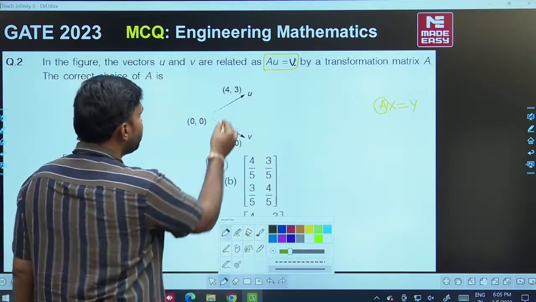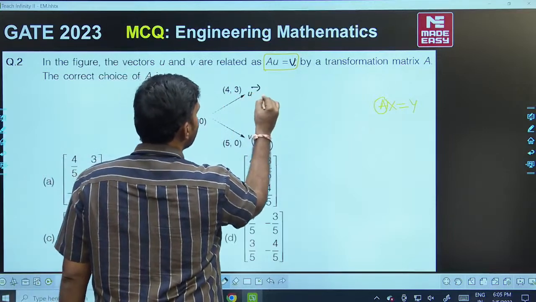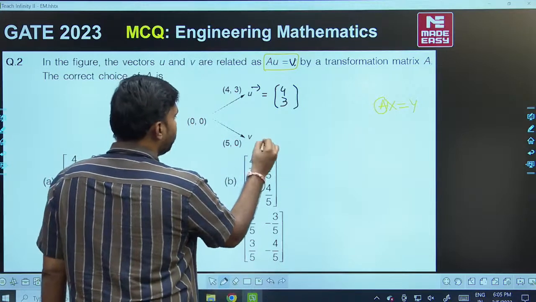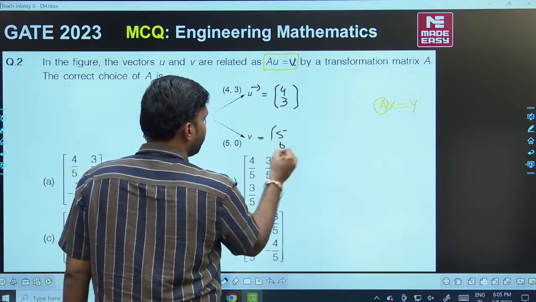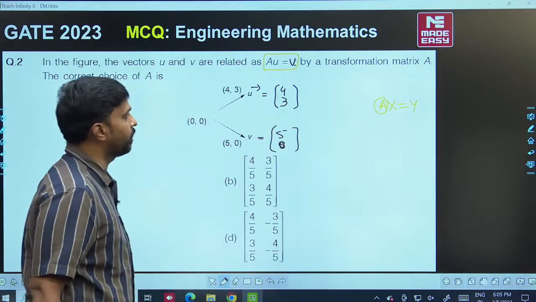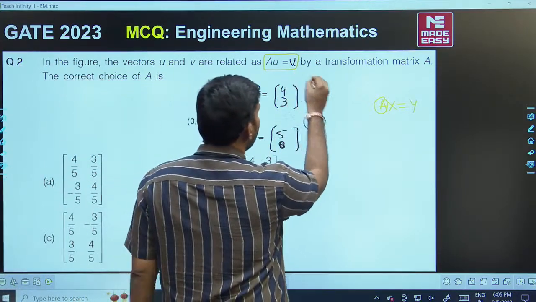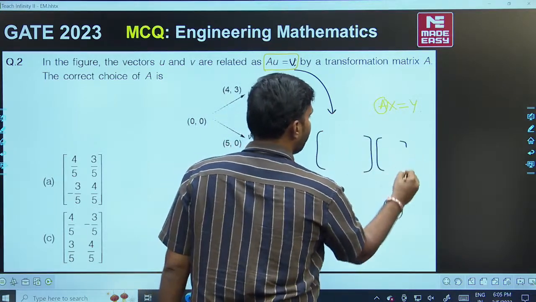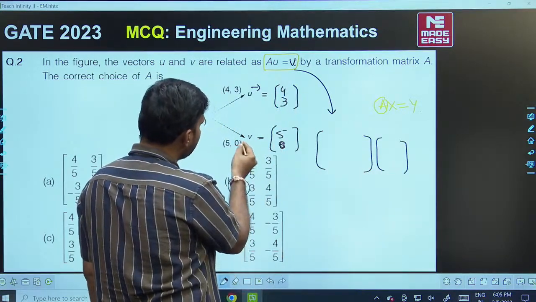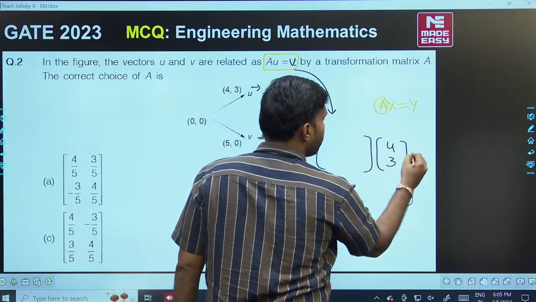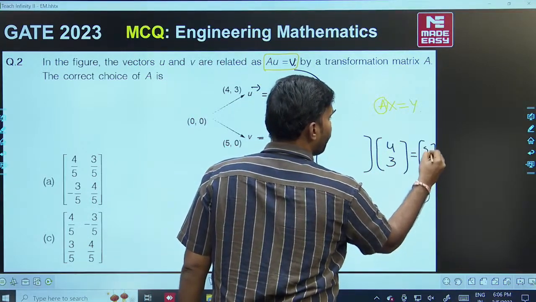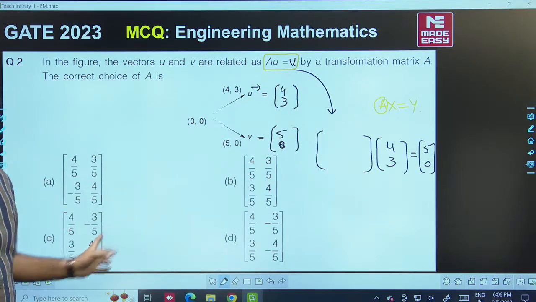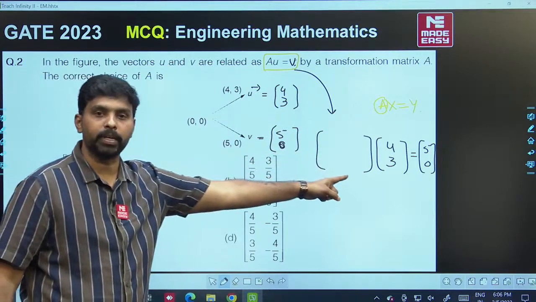Here this u bar is given, so u bar is nothing but the vector (4, 3), and this vector v is given as (5, 0). Let's go to Au equal to v: the matrix A into u, where u is (4, 3), must be equal to (5, 0). Now you have to check which of the options satisfies this.